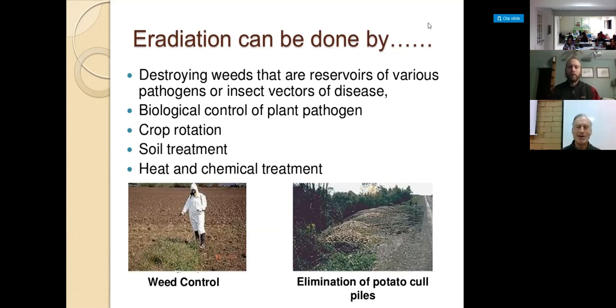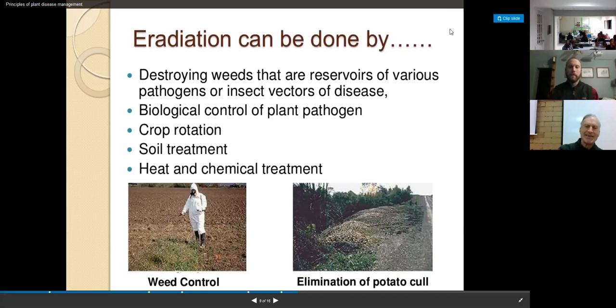So you pile them up and compost them or whatever. But if some of those potatoes, for example, have disease in them, then that cull pile could be a source of disease spreading to your fields. So get rid of those.